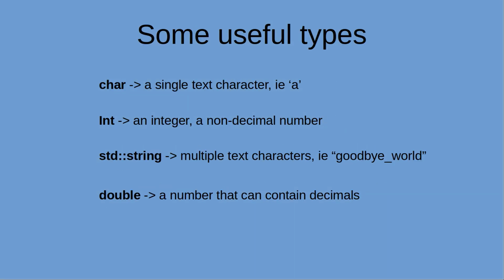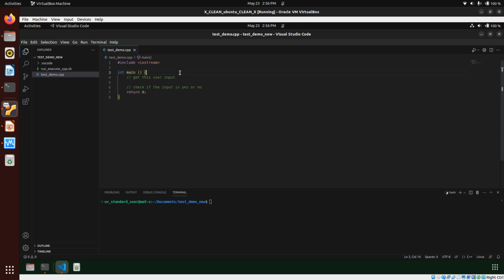Now, there are many types that you can use. This is a short list of some which might be useful. So, let's start with saving the user input. I'm going to start out by creating a variable to hold the user input. Initially, the user is entering in yes or no. These are words.